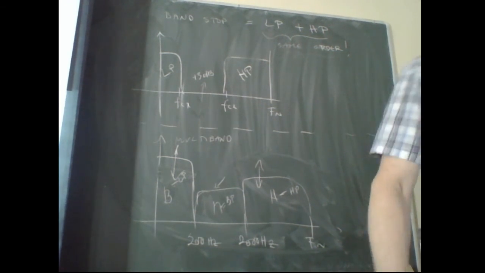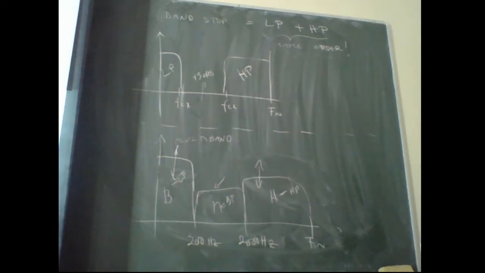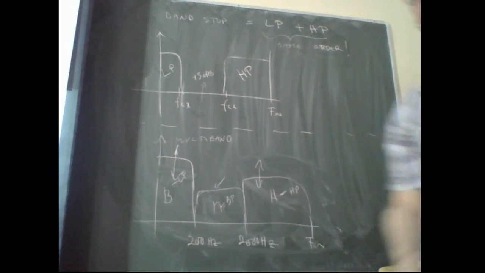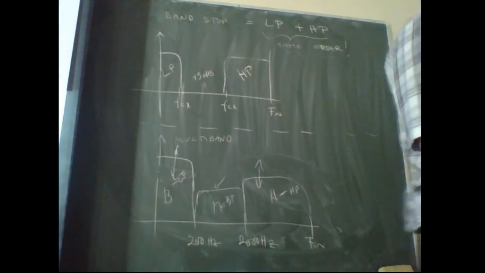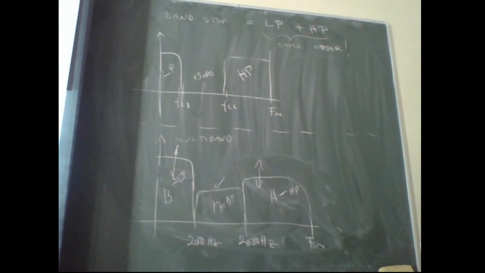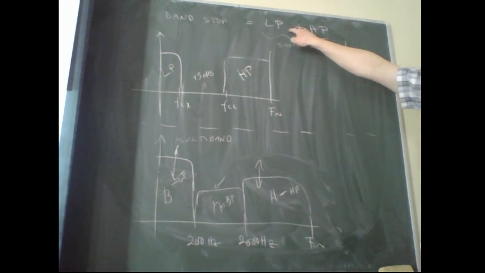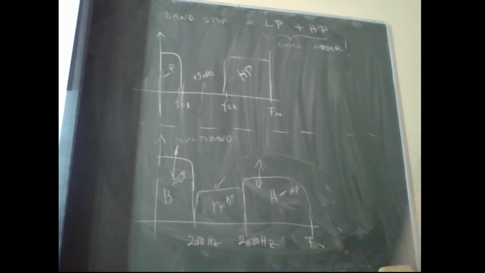All right, so that's basically how you make filters. Simple low pass, simple FIR filters. Another reason for the linear phase response would be also the easiness of adding channels together.